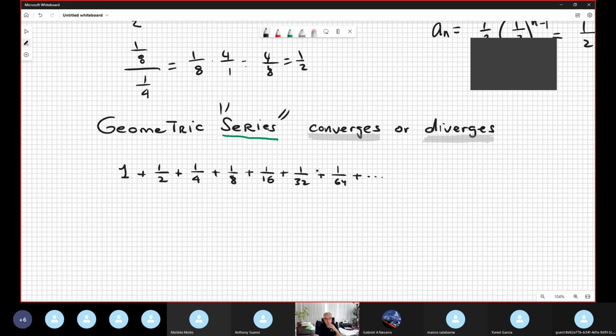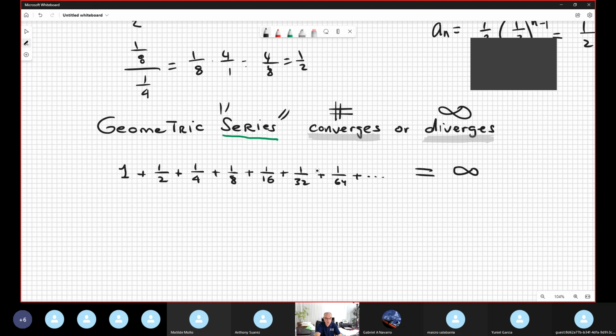But it's infinity. My question is, is the answer infinity or not? If it is infinity, it diverges. And if it is a number, a magic number, it converges. This is the idea behind converge or diverge. What do you think? Converge or diverge?